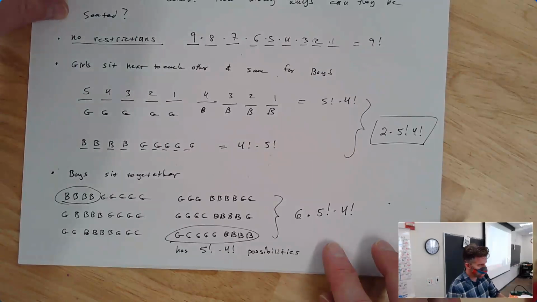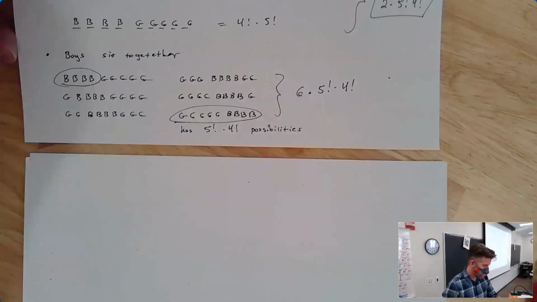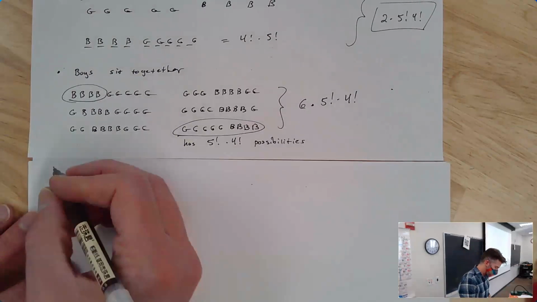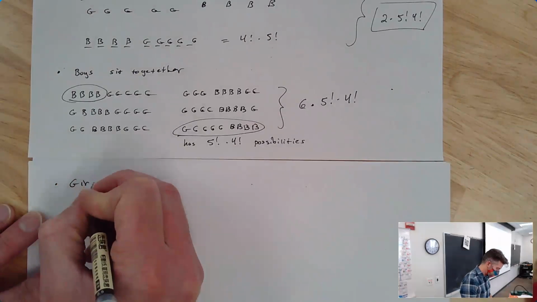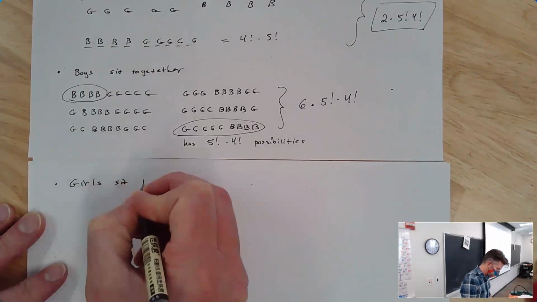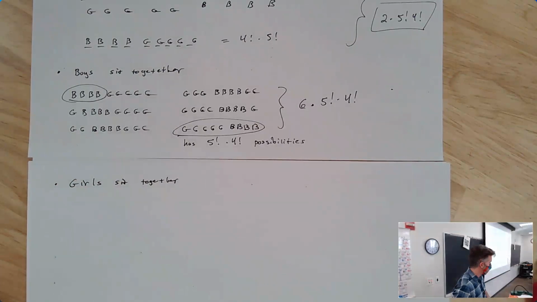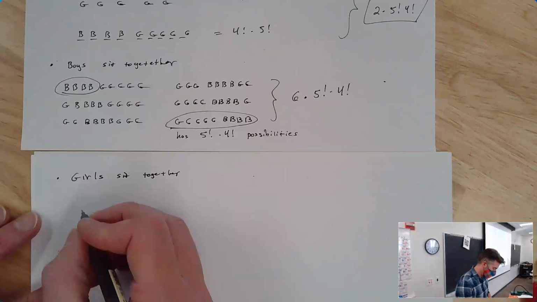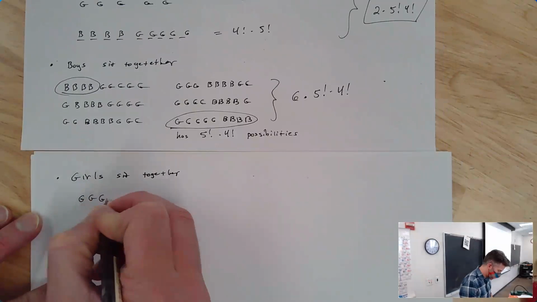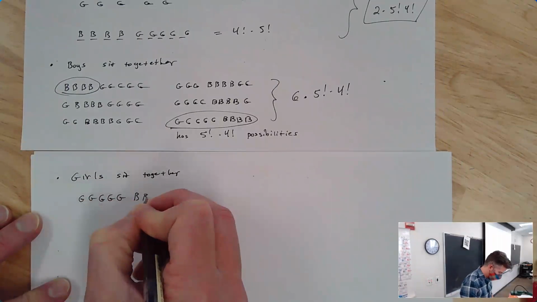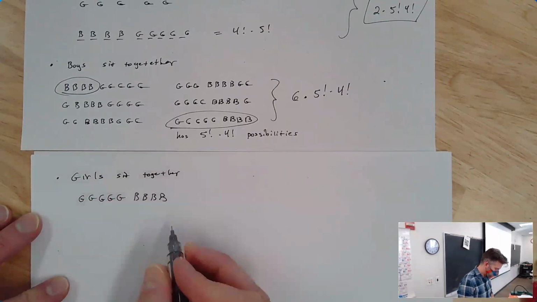What if instead I asked, how many ways are there that the girls sit together? All right, I'm going to let you work on this one for a minute. But I want you to think about, you can either have girl, girl, girl, girl, girl, boy, boy, boy, boy. But the boys don't have to sit next to each other.